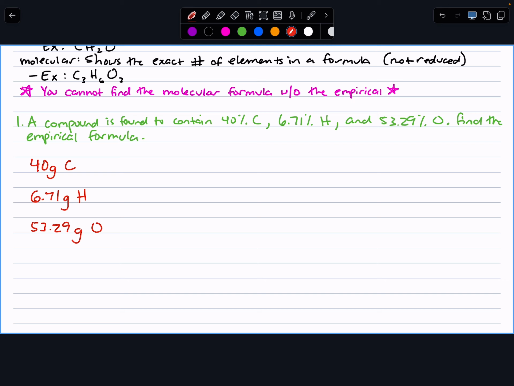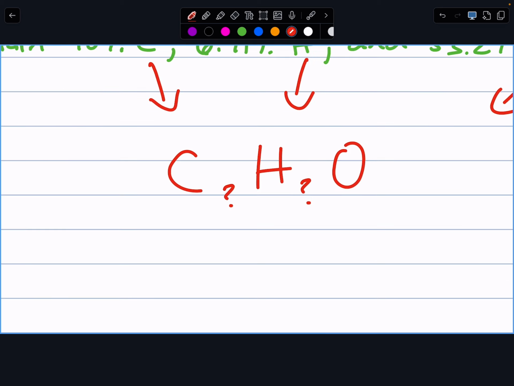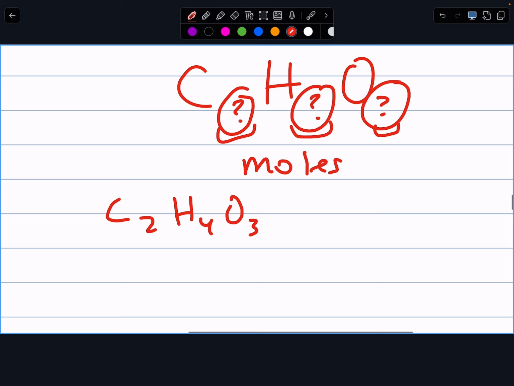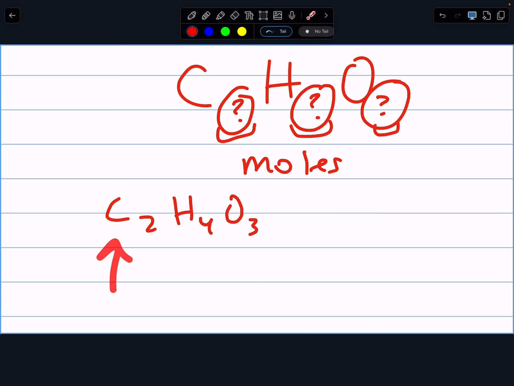Again, what is the goal? We are trying to find the formula that contains C, H, O, and we're trying to figure out what the numbers are that go here. We can call these numbers moles. We're trying to find the moles, basically. These are also called subscripts, right? So if I have C2H4O3, how many C's do I have?